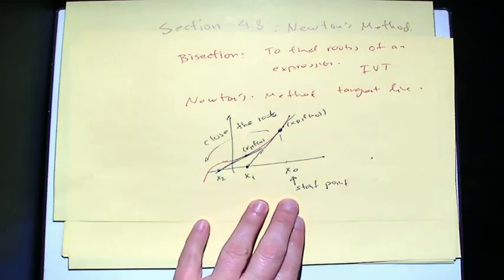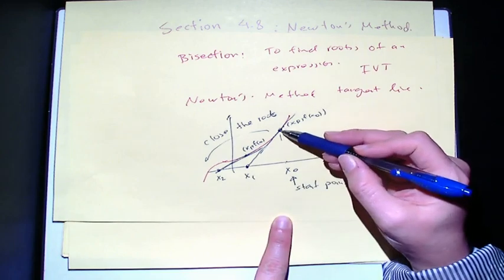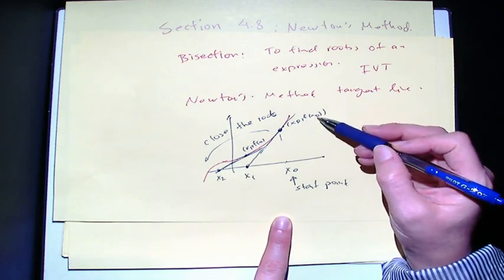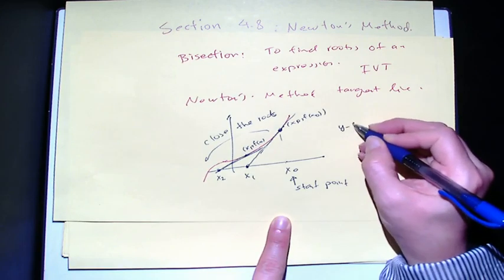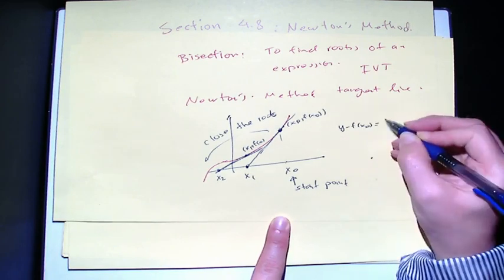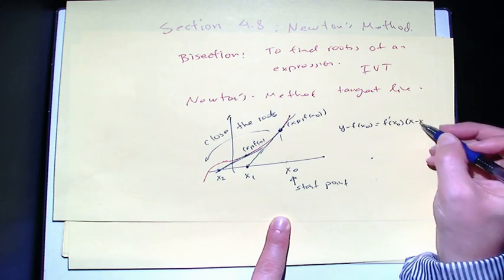Now here's the formula. Let me go back to the picture I drew, because it's already there. You start from an x0, you try to be close to the root. Then you go up there, you get x0 and f of x0. Then you find a tangent line there. What's the tangent line? y minus f of x0 is equal to f prime at x0 times x minus x0, right?